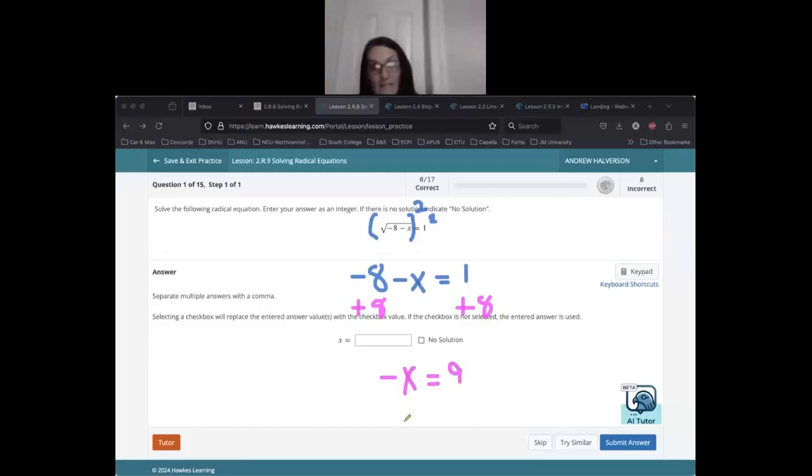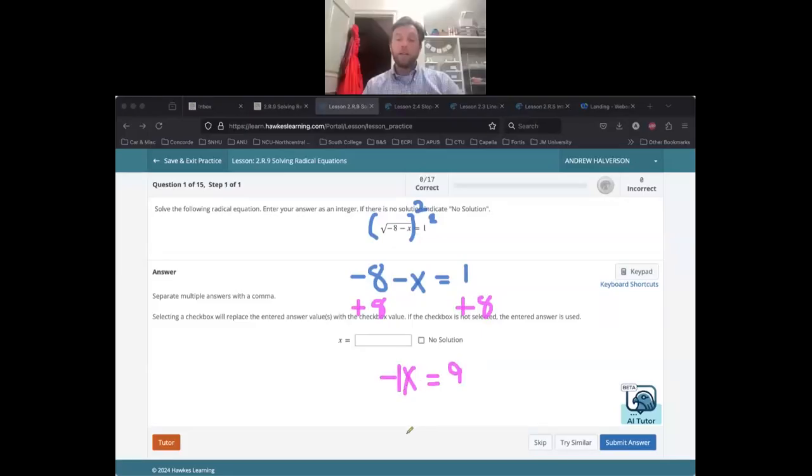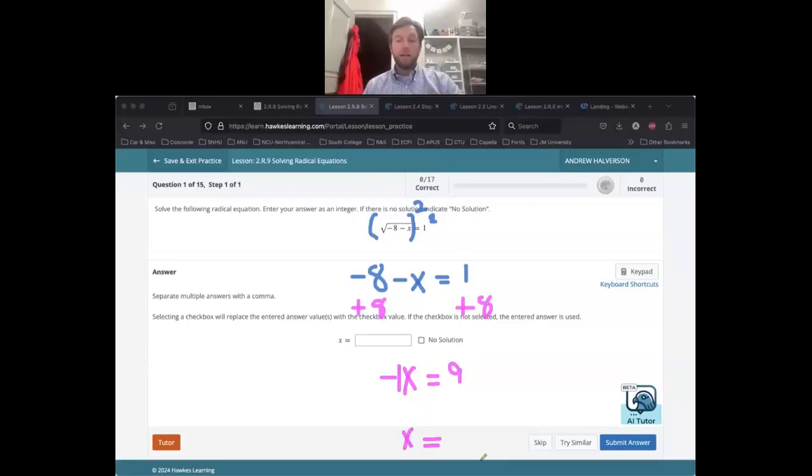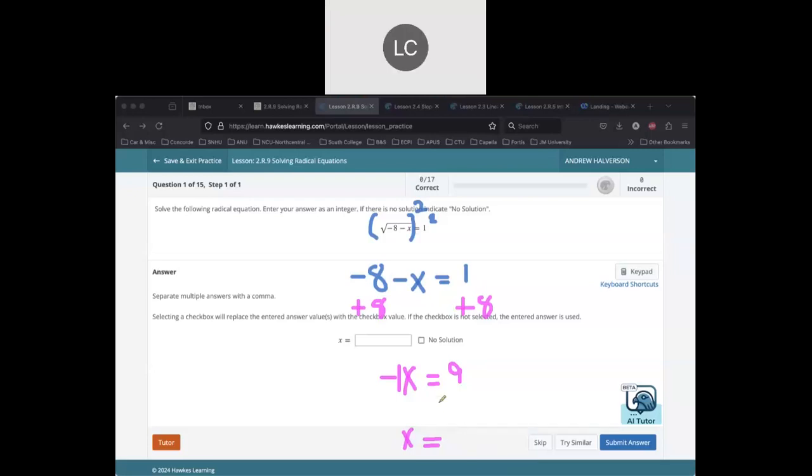It is negative 1x. So what does x become? We have to get rid of that minus sign. How are we going to get rid of that minus sign? You're going to divide by negative 1, because remember, negative x, also known as negative 1x, means negative 1 times x.